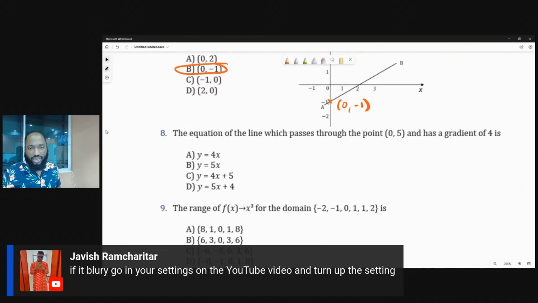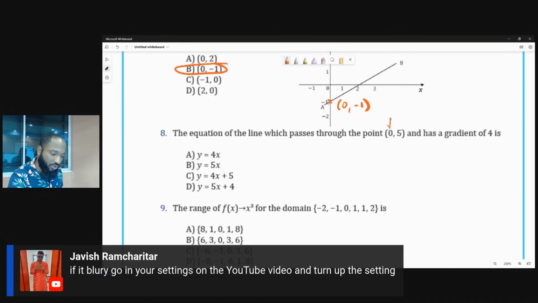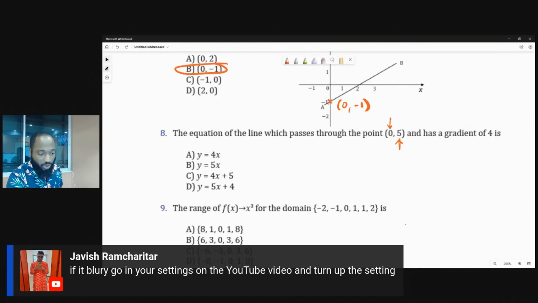Number 8, the equation of the line which passes through the point (0, 5) and has a gradient of 4 is, now it's passing through (0, 5). So what I tell you, this is similar to this just now. If it's 0, that means this point has to be on the y-axis. That's the point there, (0, 5). And the gradient is 4.